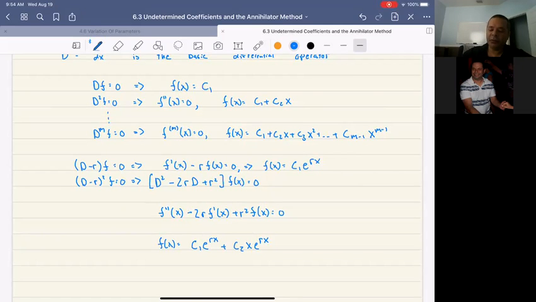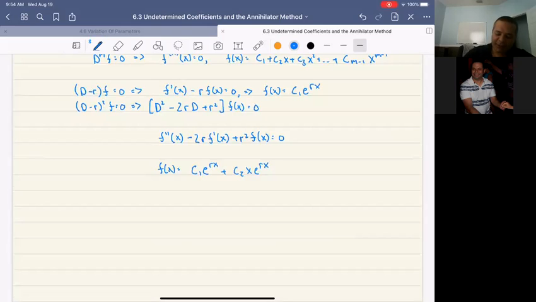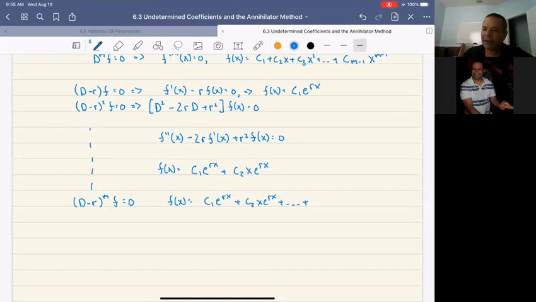Okay. Now, we're going to basically do the same thing inductively. So if we have (d minus r) to the m, f equals 0, the solution here, f of x, is going to be c1 e to the rx plus c2 x e to the rx plus all the way up to, we're going to need one power less, so we get c sub m minus 1 x to the m minus 1 e to the rx.